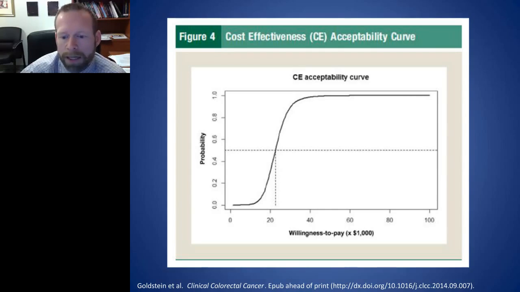And so they found that depending on what the willingness to pay is, if the willingness to pay is $40,000, then it's certainly possible that an incremental increase of $22,000 to $23,000 fits within that, and people are likely to adopt that type of thing.